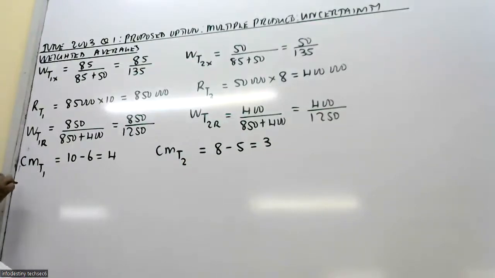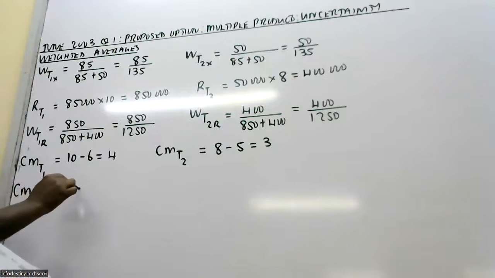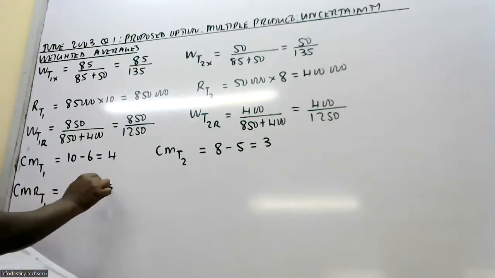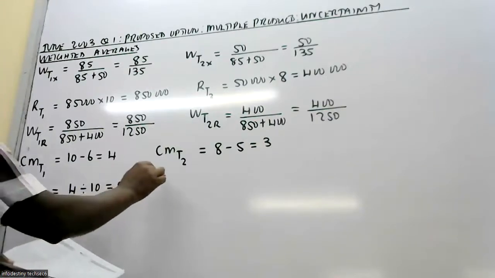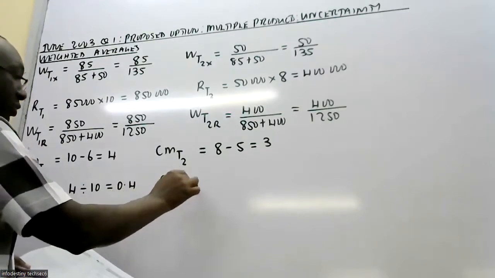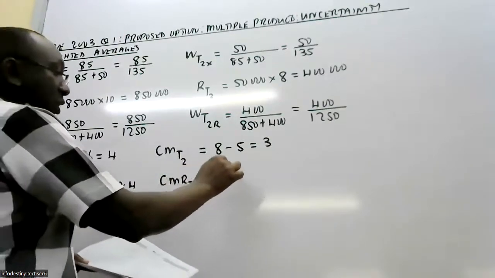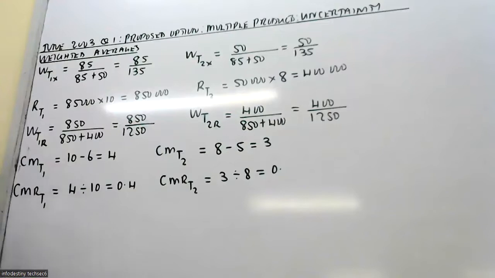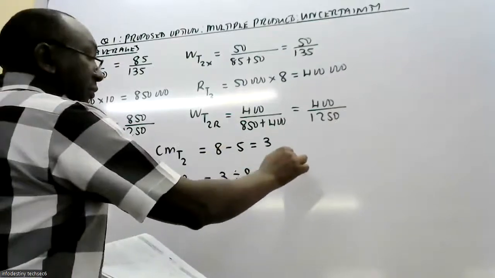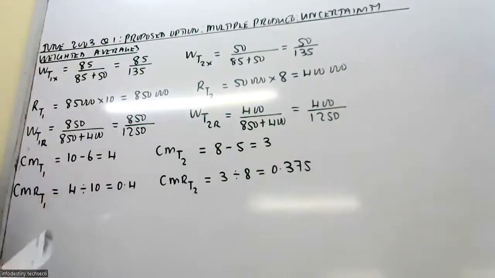Then contribution margin ratio of T1 will be 4 divided by 10, which is 0.4. And contribution margin ratio of T2 will be 3 divided by 8, which is 0.375.